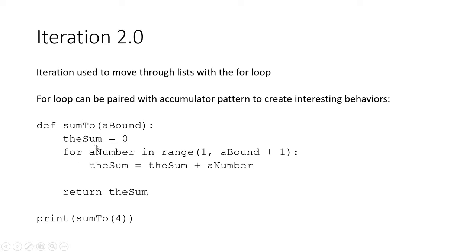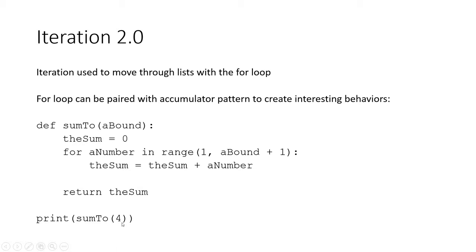We can start out by setting our accumulator value to be some base case, in this case 0, and then we want to take all of the numbers from 1 to our upper bound plus 1, again because range does not include the upper bound, and then for each number in that list, add that number to the sum and store it in the sum. By doing this, we can sum all the values up to a specific number.